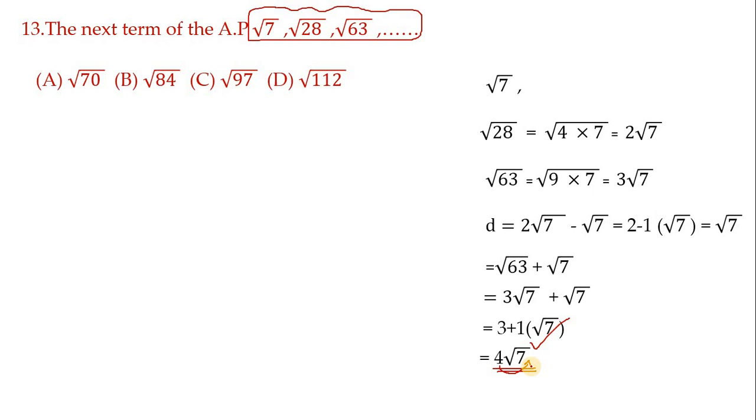See, when it comes outside the root, it takes root and it simplifies. And when it goes inside the root, it enters as a square. I repeat again, it enters as a square. So 4 squared means 16. So 16 into 7 is root 112. So option D is the correct one.